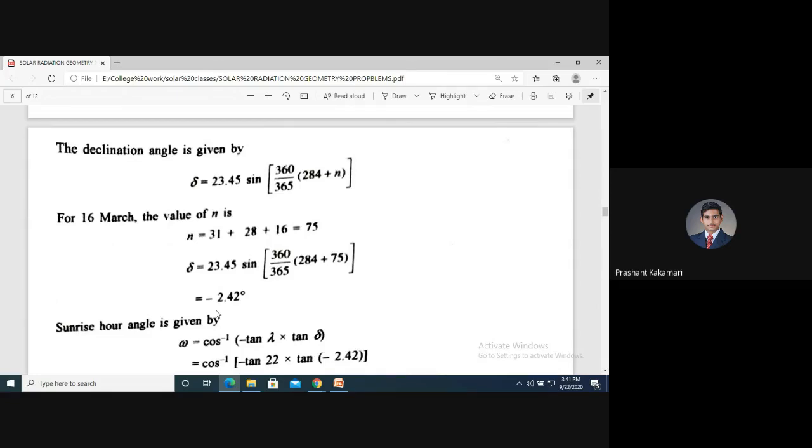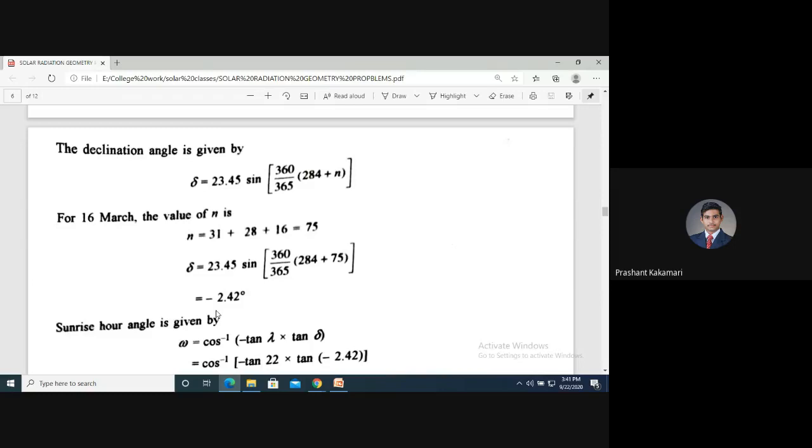And once the declination angle is known, we know the hour angle, that is cos inverse of minus tan phi tan delta. Or else, you can list the formulas required for that problem one by one or randomly, then check which angle or which unknown value you can find out first.